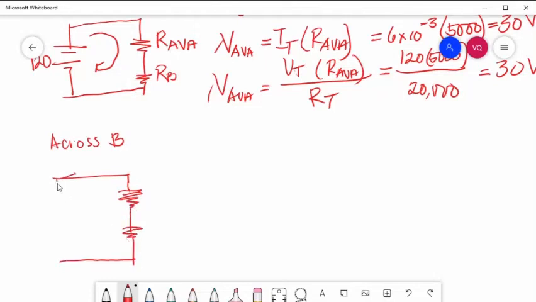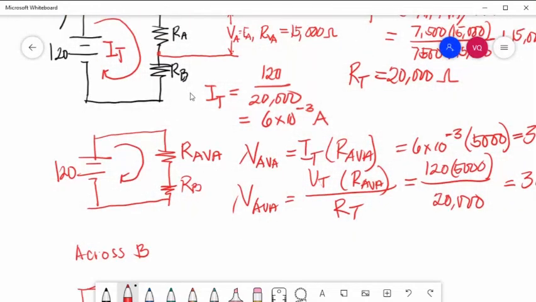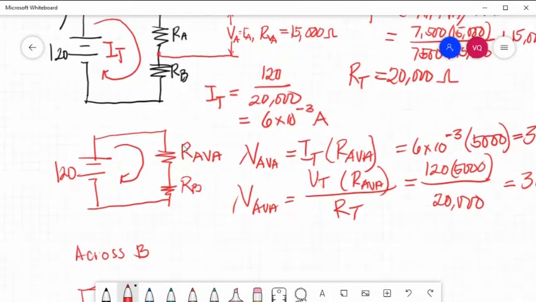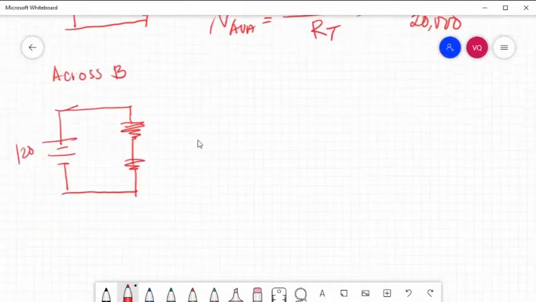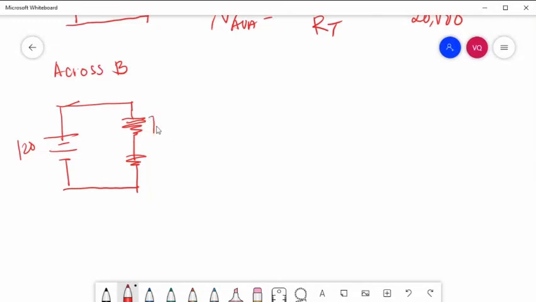Same procedure. So, this is 120. RA is 75. This is RA. RB is 15,000.